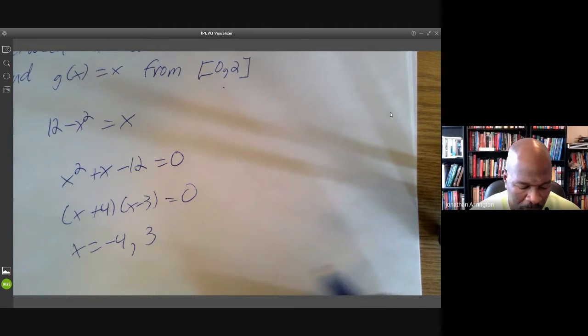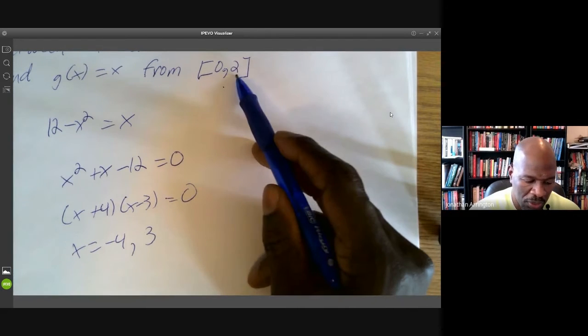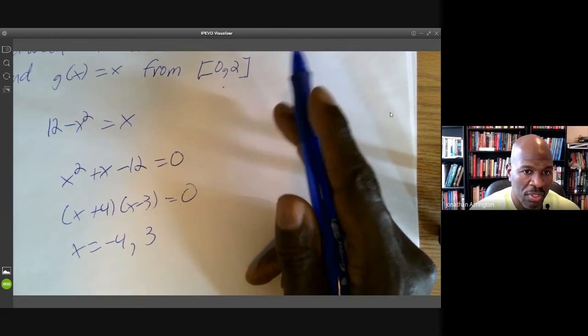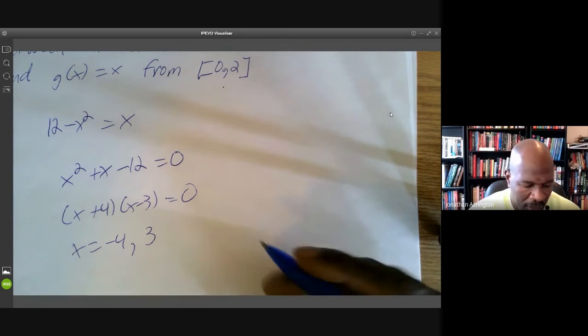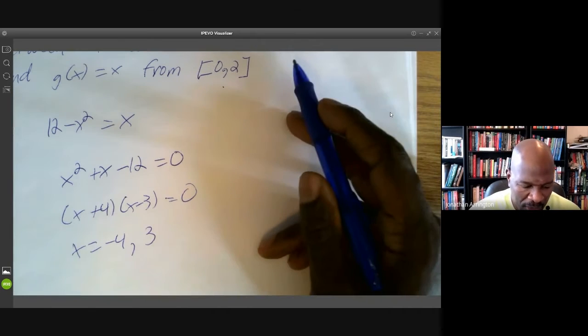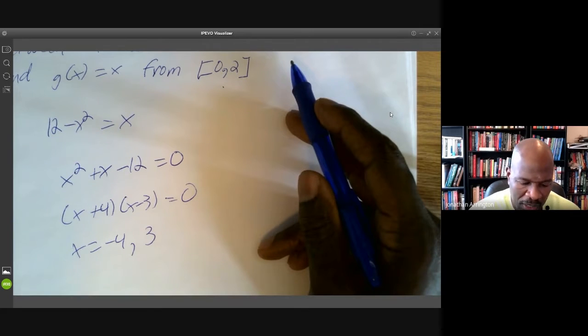So then we can just do one integral from 0 to 2 of the difference of the two functions, in no particular order. Again, maybe in this one, it's a little easier to understand which function is on top and which one is on bottom.